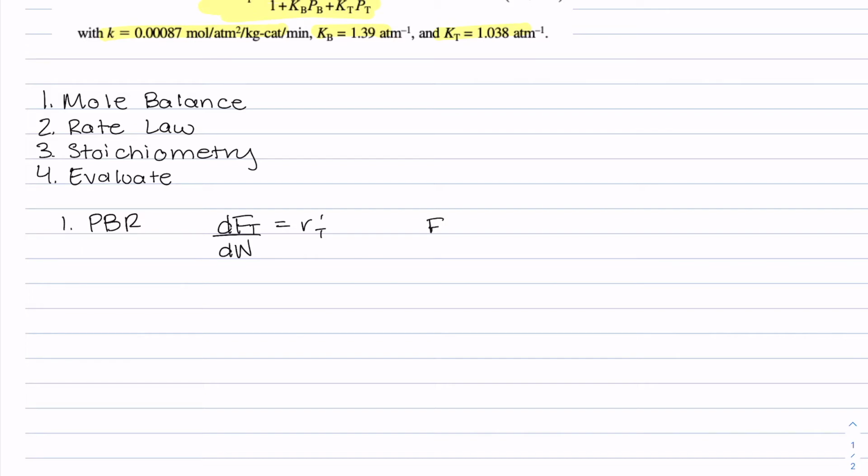We also know that F_T is equal to F_T0 times (1 minus X). If we take the derivative of both sides, dF_T equals negative F_T0 dX. Plugging that back into the equation, we see that dX/dW is equal to negative rate of toluene over F_T0.